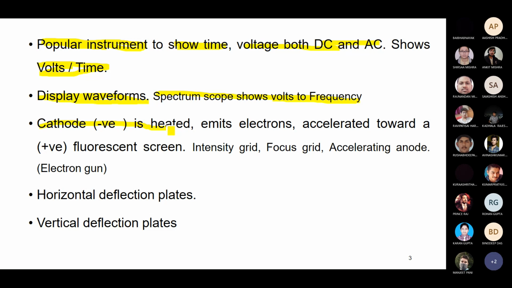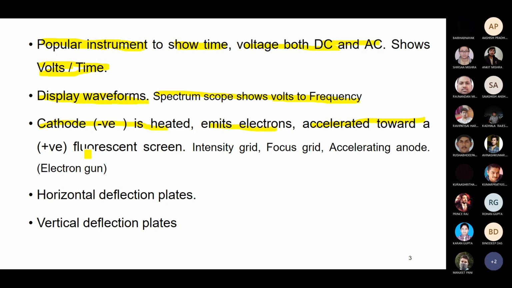So how do the electrons get attracted to that screen? Basically the screen is positively charged. You give heating at the electrodes, so the electrodes emit the electrons, and they accelerate towards the fluorescent screen.